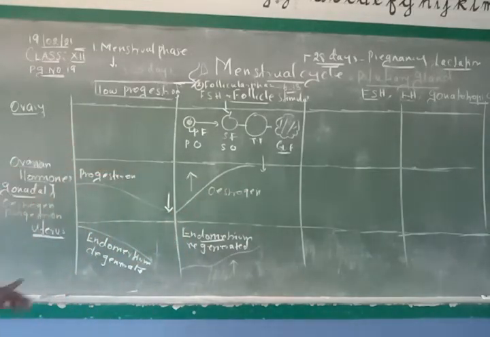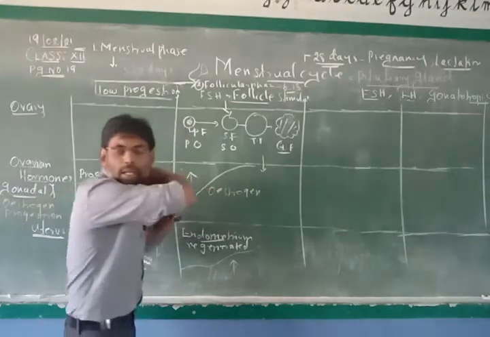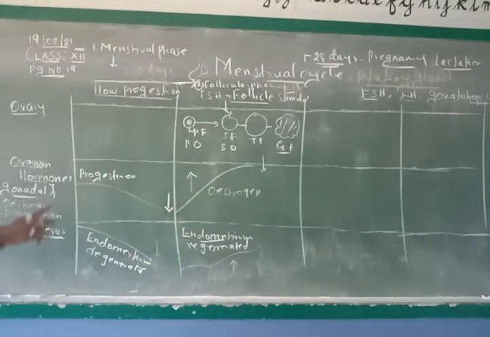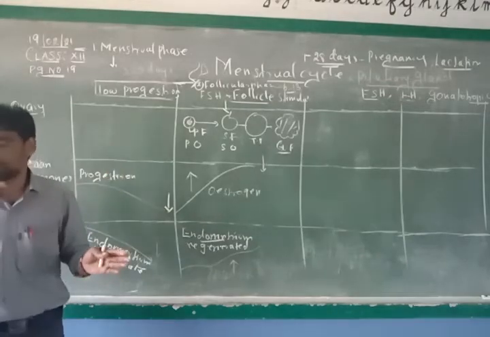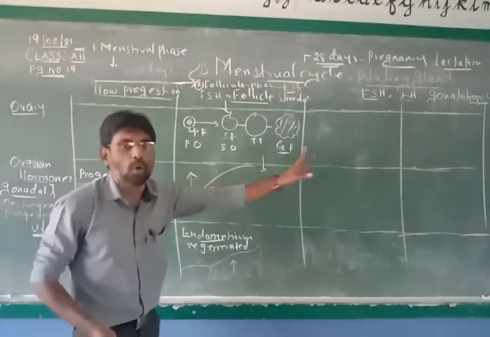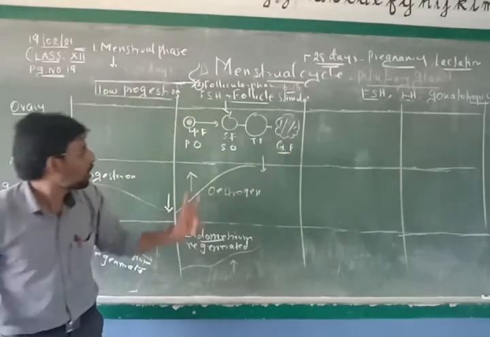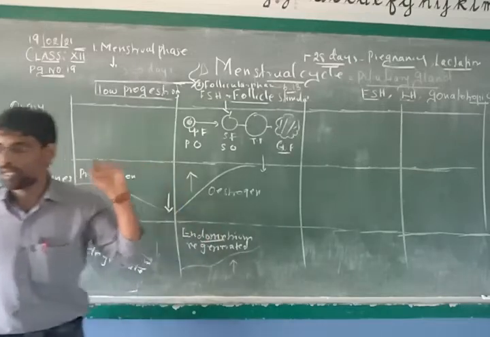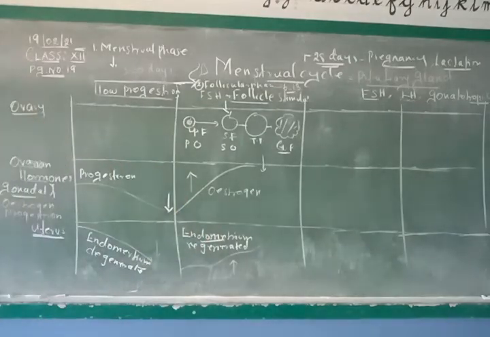In the beginning itself I told you, in the entire female reproductive life, unless and until the female undergoes fertilization and becomes pregnant, it will not develop into an egg. Otherwise, only two stages: primary oocyte, secondary oocyte. That means an indirect one-mark question.